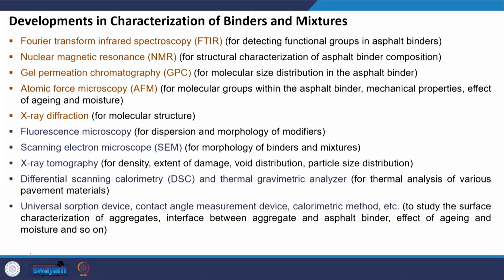Then we have other techniques to explore the thermal behavior of asphalt materials. For example, we have DSC, differential scanning calorimetry, and the thermal gravimetric analyzer, TGA. These are being used for thermal analysis of various pavement materials.